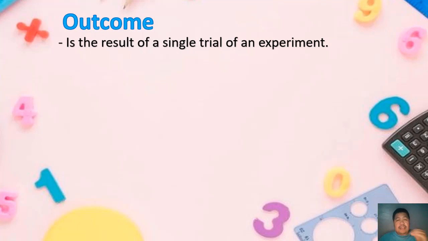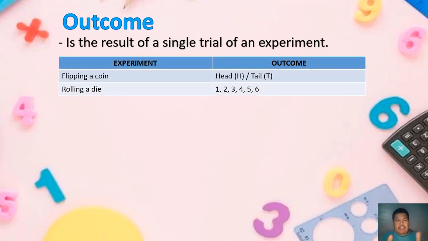Or head and tail. Di ba? Kung sa Tagalog, pwede lang siyang tao or ibon. And here it is. So, for example, that we give example from our last slide. So, we have flipping a coin, we have the head and tail. When you roll a die, pwedeng lumabas lang doon is 1, 2, 3, 4, 5, and 6. Yan po yung kadalasan or madalas nating makikitang example or problems when we call probability.